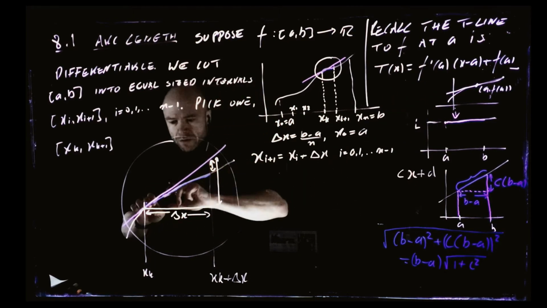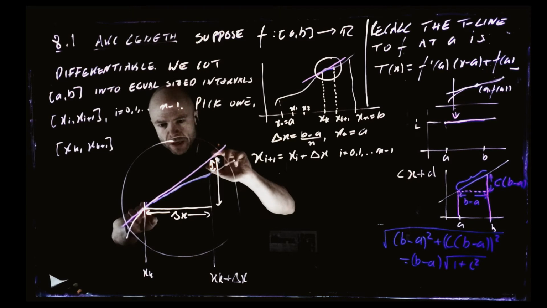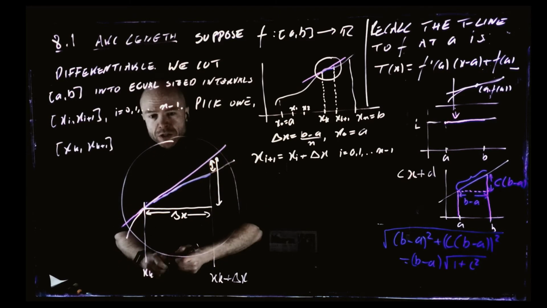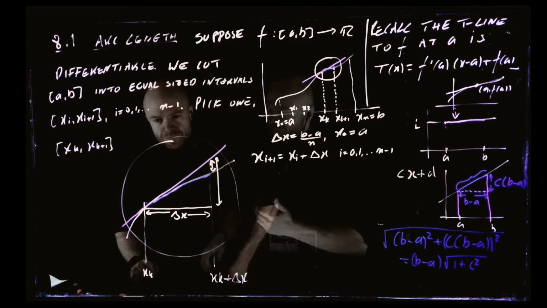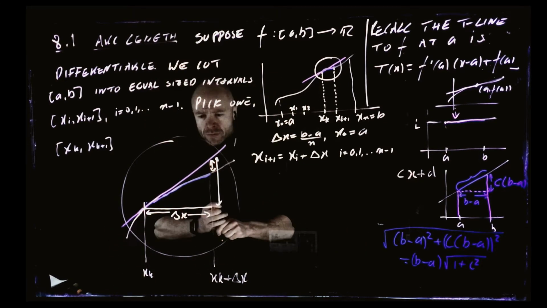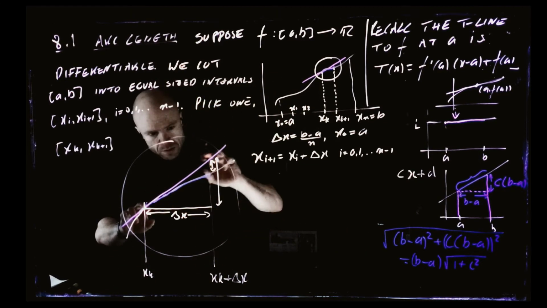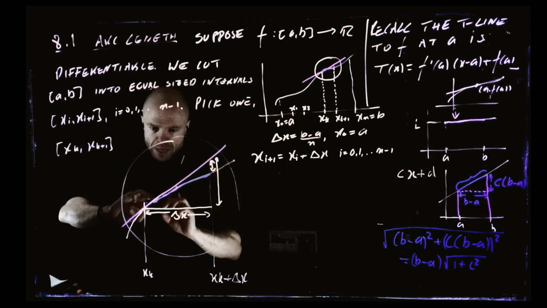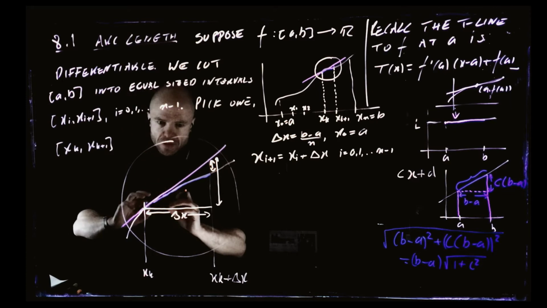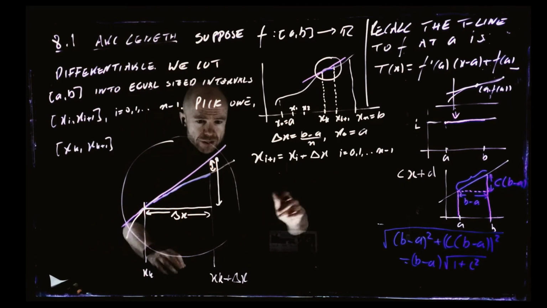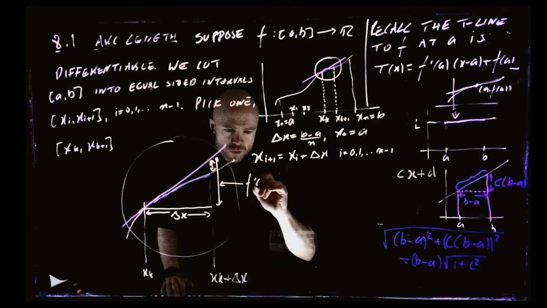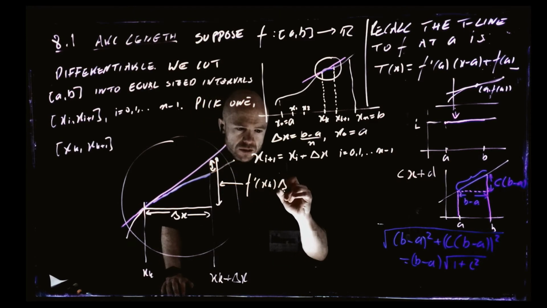Okay? So this red line I've drawn here is the tangent line. And its slope is given by just the derivative of the function at this point, xk. So, what do we know? We know the slope is f prime of xk. Yeah? So by exactly this reason over here, this distance is f prime of xk times delta of x.